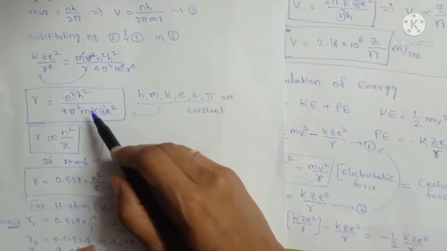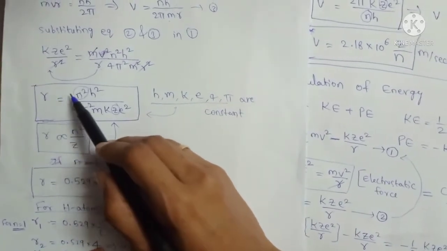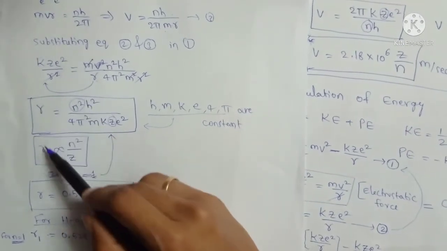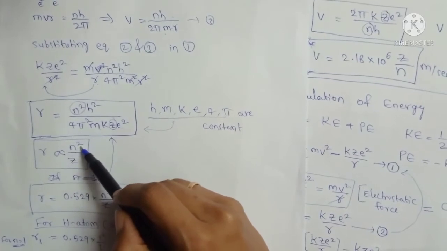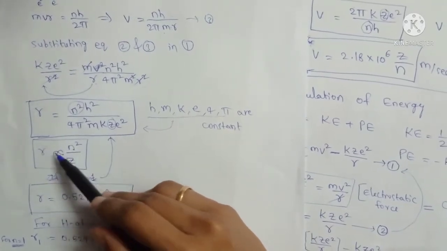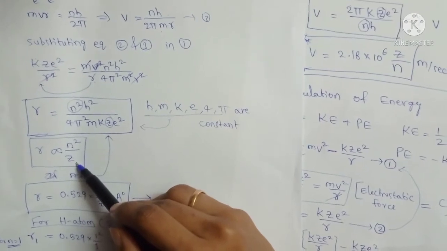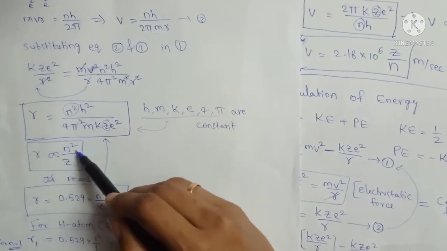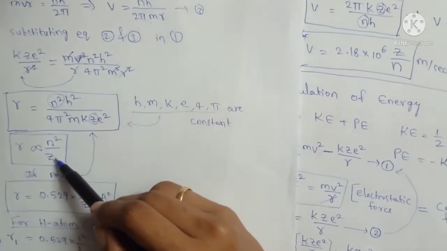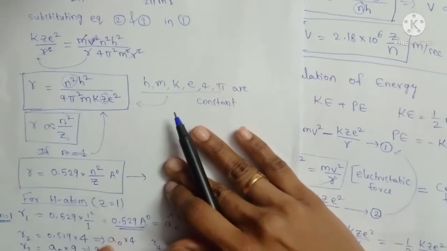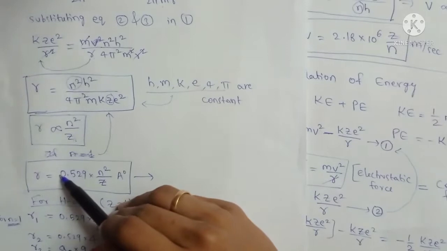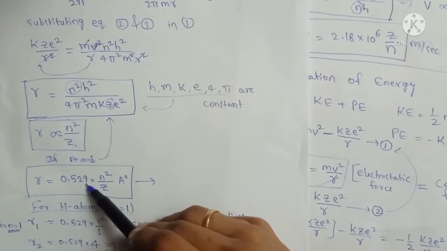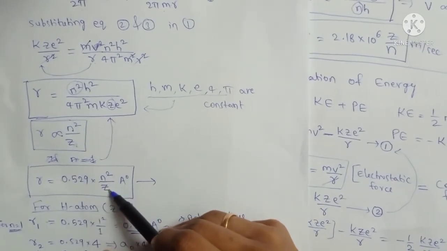So what is the relation between the radius and the n value and Z value? We can derive one relationship: R is directly proportional to the square of n, and R is inversely proportional to the atomic number Z. By substituting all the values, we get the simplified equation: radius R equals 0.529 into n square by Z angstrom.